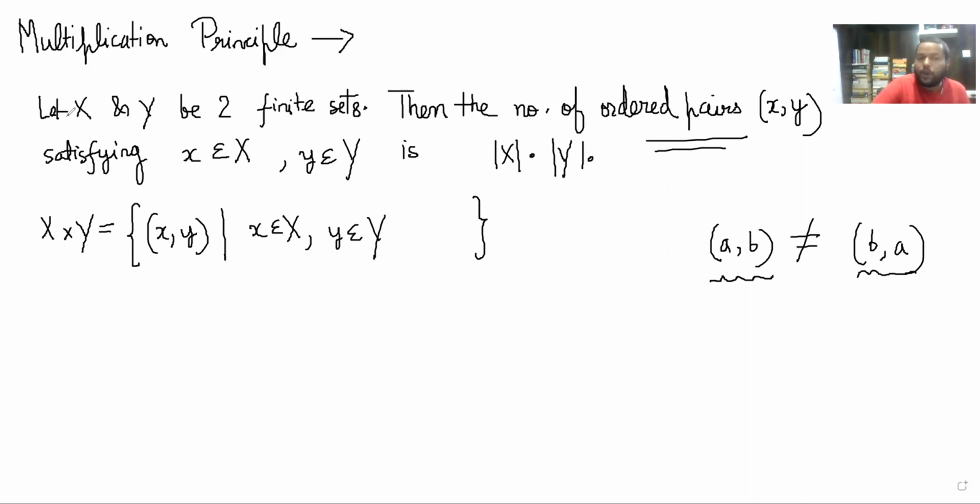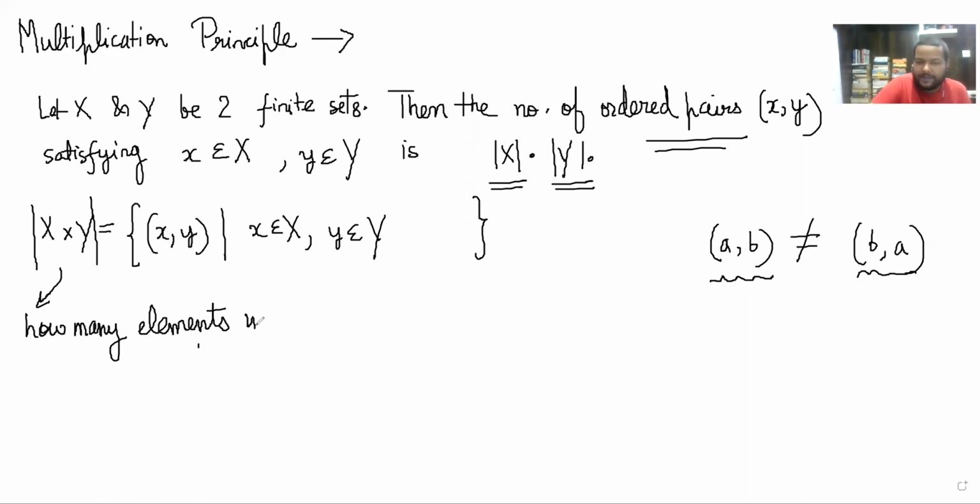So basically what we are doing in the multiplication principle is finding out how many elements there are in this Cartesian product, X cross Y. That is basically going to be the number of elements in X multiplied by the number of elements in Y, right? So that is very straightforward. The reason will be obvious when we do a couple of questions.